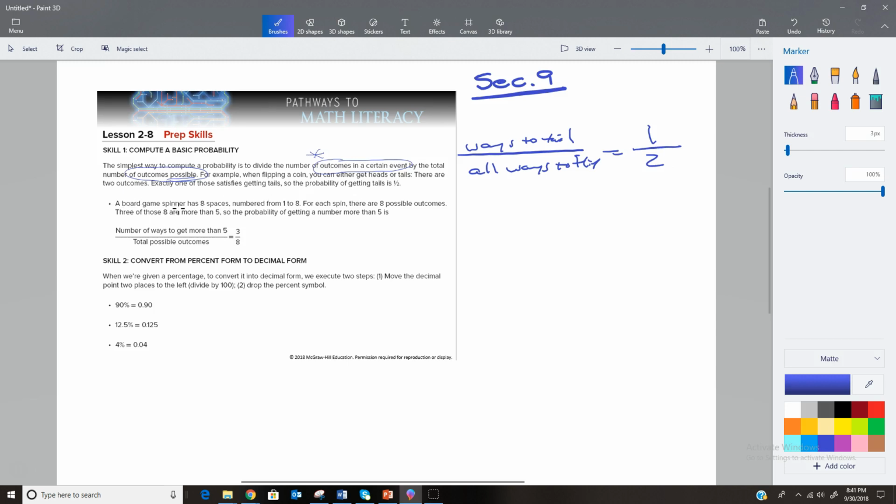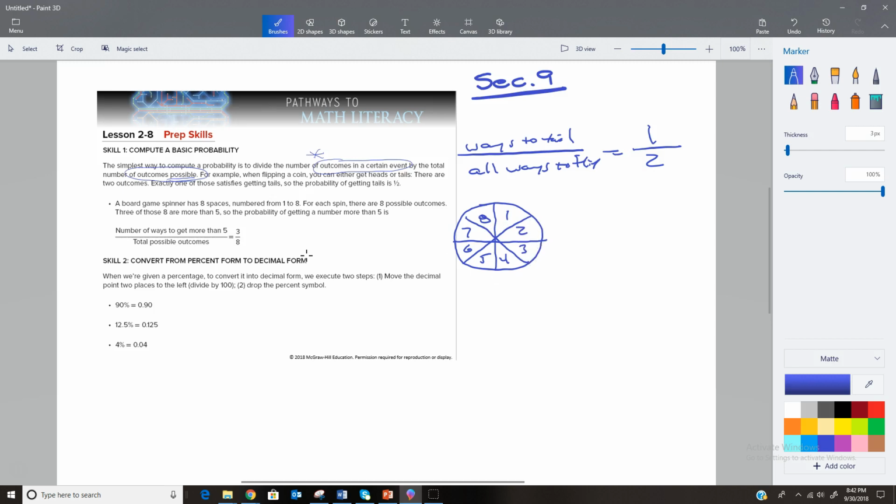A board game spinner has 8 spaces, numbered 1 to 8. So if you had a picture here, numbered 1, 2, 3, 4, 5, 6, 7, 8, and imagine this was exactly evenly cut up, mine's by hand so it's a little rough, but say each of these was equally likely.